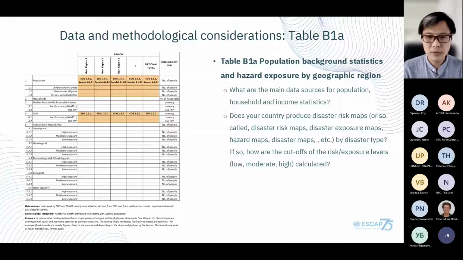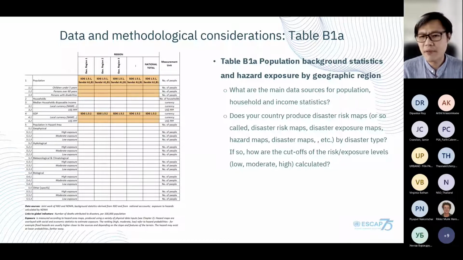If we have these two sets of information, then we can overlay them in, let's say, a GIS platform, and then we would be able to get an idea of the number of people who might be exposed to flood or forest fire or different types of disaster of priority in different countries. And this is important in terms of disaster planning as well.